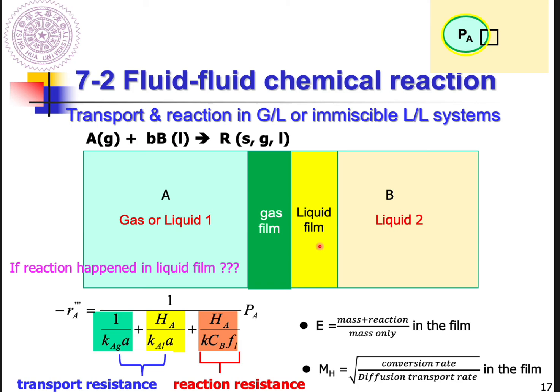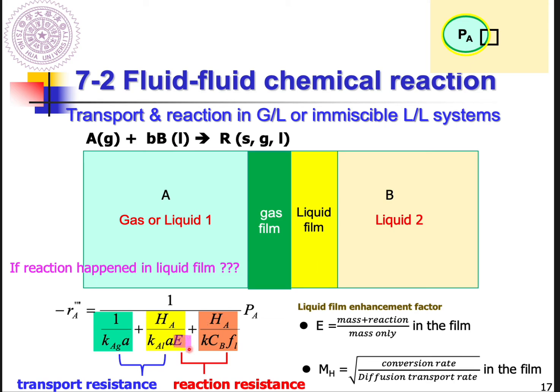So we need to do some modification on these results by introducing a very important term or parameter we call E, the liquid film enhancement factor in the film layer, and we'll put the E here.